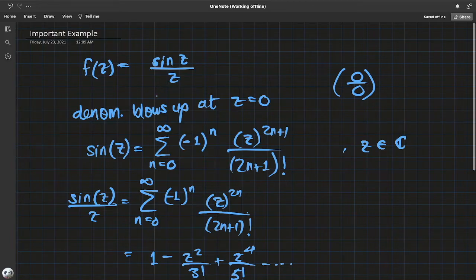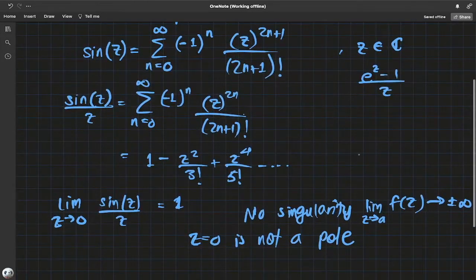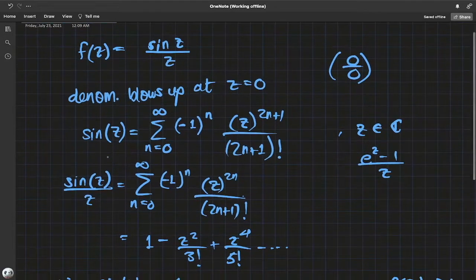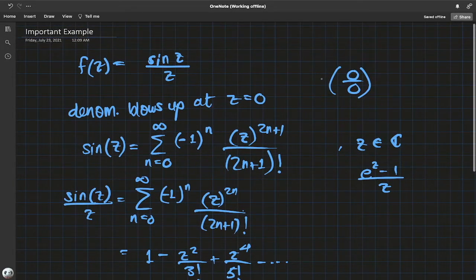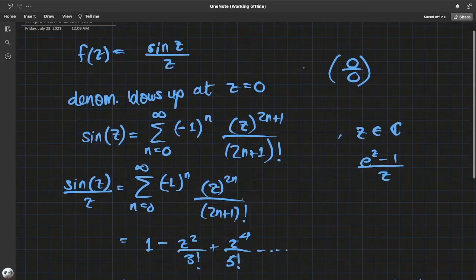It's not even necessary that it is a singularity point. Stuff like e to the z minus 1 over z also has no singularity at z equals 0.